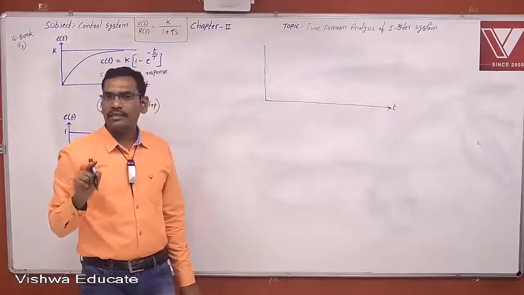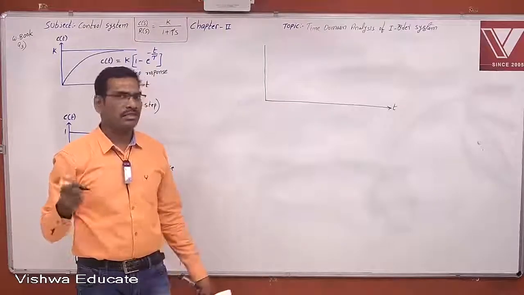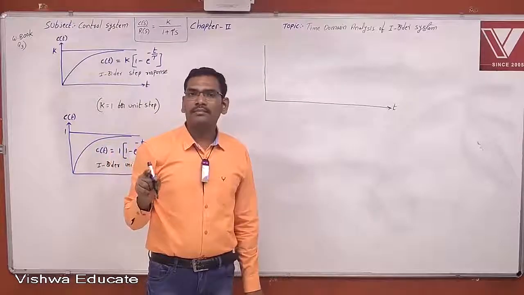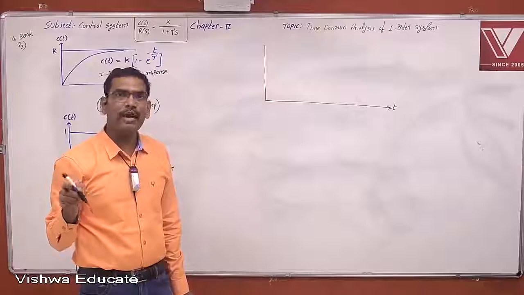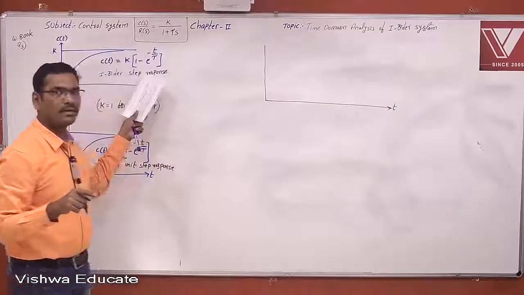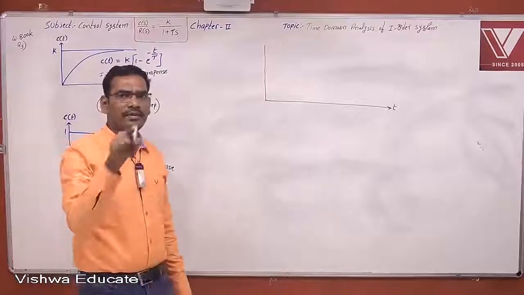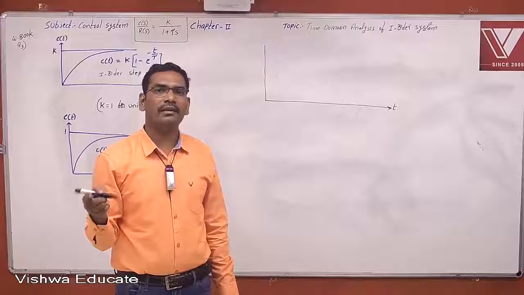In the question he is not mentioning step response or unit step response. Sometimes he mentions first order, second order, but not step response or unit step response. While looking at the question itself, you have to identify whether it comes under first order step response or unit step response. How can you identify? If the reference level is 1, unit step. If the reference level is some constant level, step response.